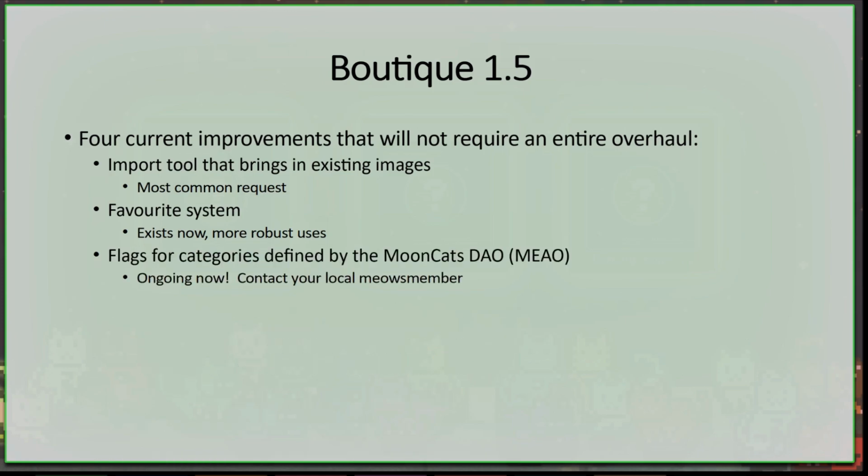Flags for categories. This is something that we had planned from all the way back to long before the boutique ever launched. And this is finally something that is ongoing now. These categories are being defined in terms of what goes into those buckets in conjunction with the MEOW.